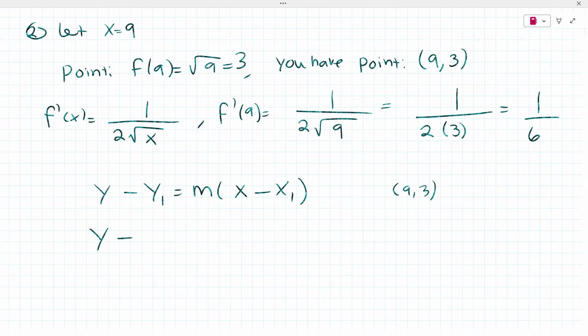So it's y minus 3, because that's our y, and then my slope was 1/6. So it's x minus x1, which is 9. And then I guess you can clean it up and solve for y, so distribute on the right side. So 1/6 times x is 1/6 x. 1/6 times negative 9 is negative 1.5.